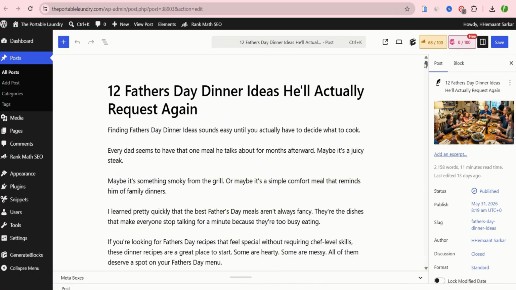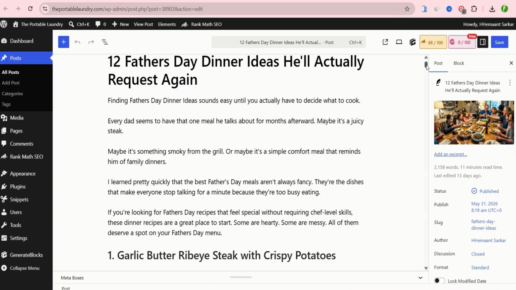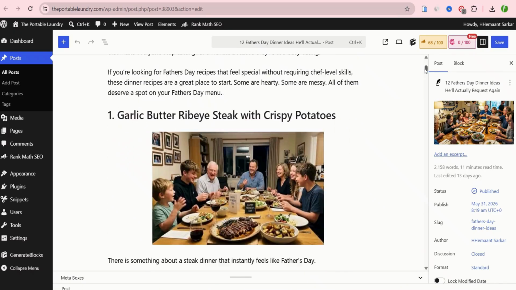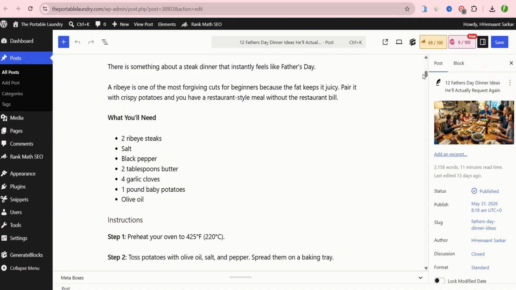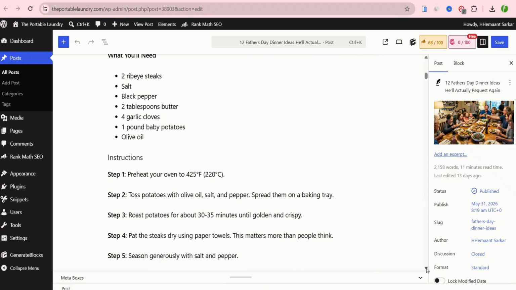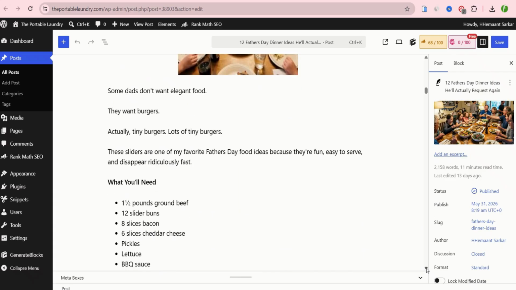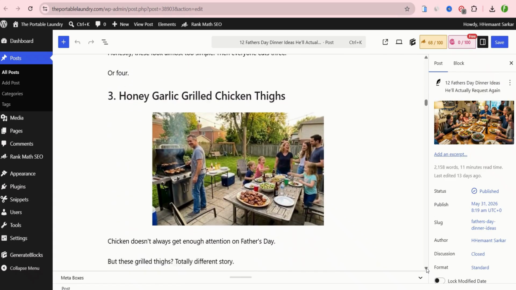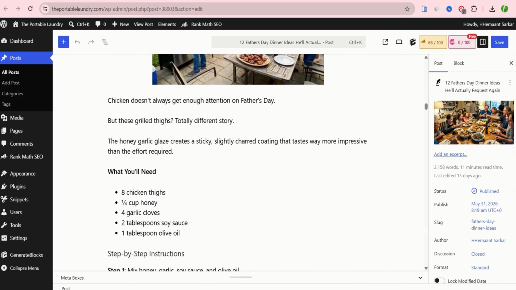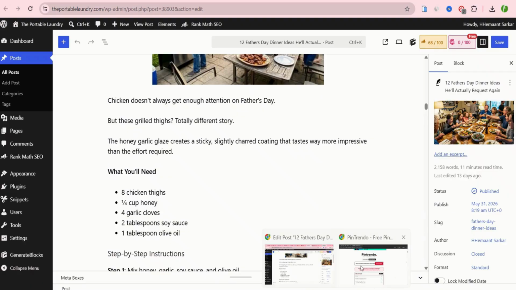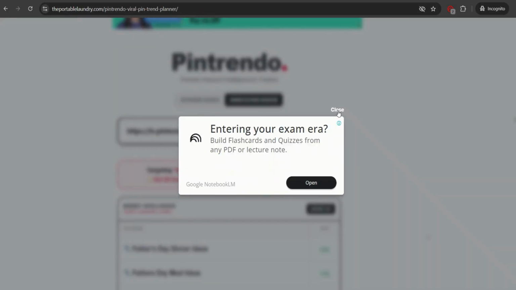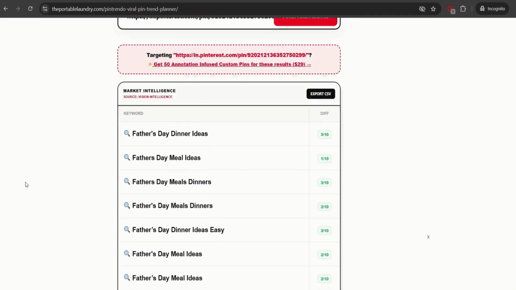And here's the interesting part, guys. Even if people are able to identify those keywords and phrases, most people just extract the annotations and then they stop there. But that's not enough. The real magic happens when you actually use those annotations inside the content. So this is the exact process that I use now. Extract the annotations associated with the topic which you want to rank for, and then pick the annotation that naturally fits the topic.